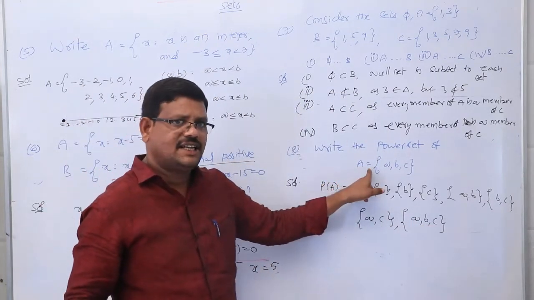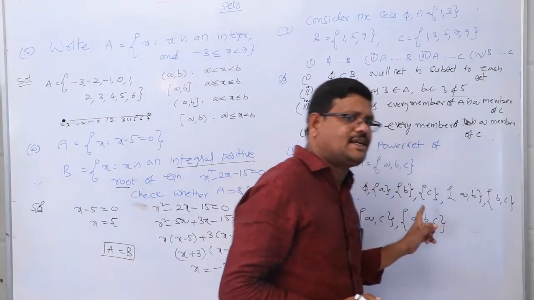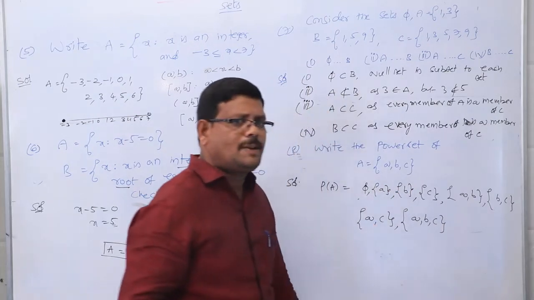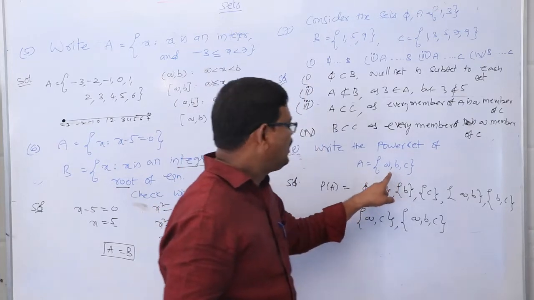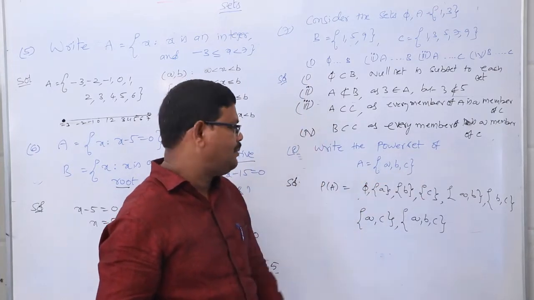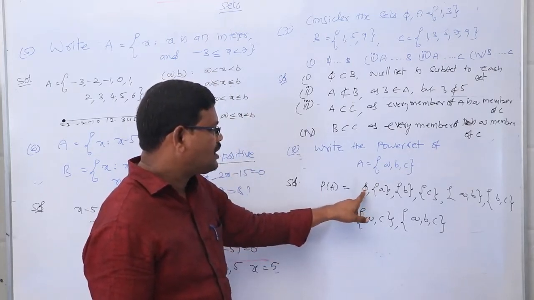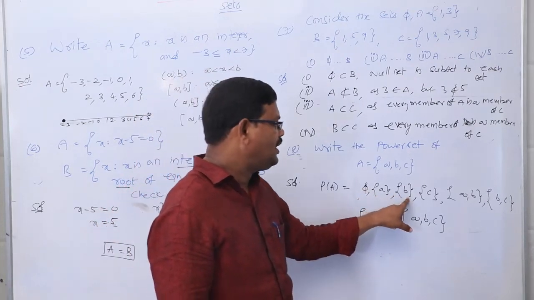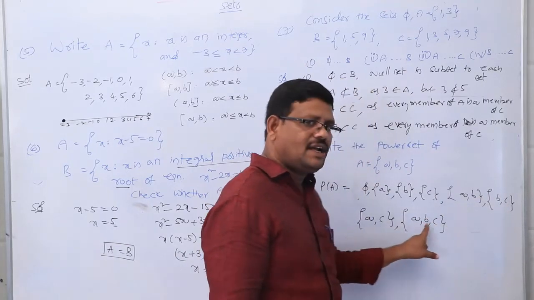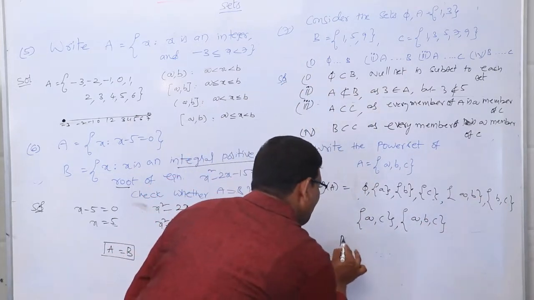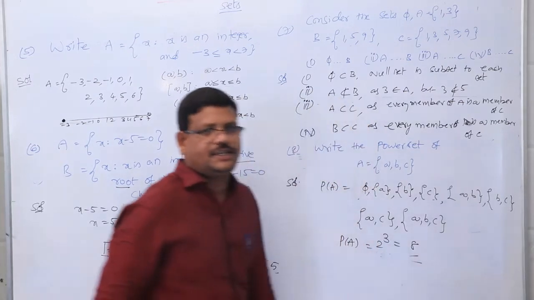If a set A has m elements, then the number of elements in the power set is 2 to the power m. Here we have 3 elements, a, b, c. Therefore, the number of elements in the power set is 1, 2, 3, 4, 5, 6, 7, 8. Therefore, n(P(A)) = 2³ = 8.